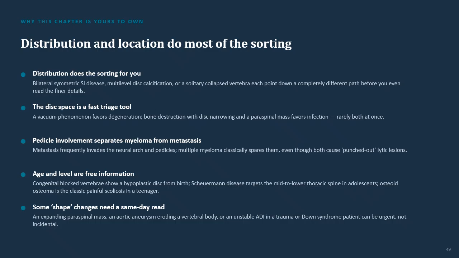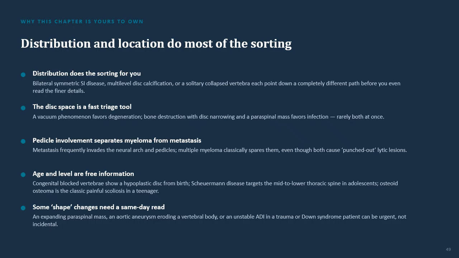That's where some of the clues might be seen. So location helps the doctor or the radiologist separate the conditions apart as well. Some of these things might look the same, but depending on the location, it could point to another disease process.